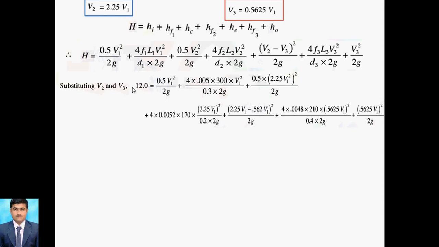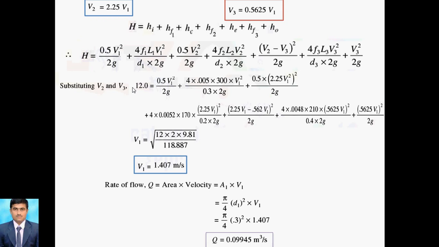Then F3 is 0.048 and L3 is 210. After putting all the terms in terms of V1, with V2 and V3 also in terms of V1, we get the value of V1. After getting V1 we get V2, and we can directly compute Q.